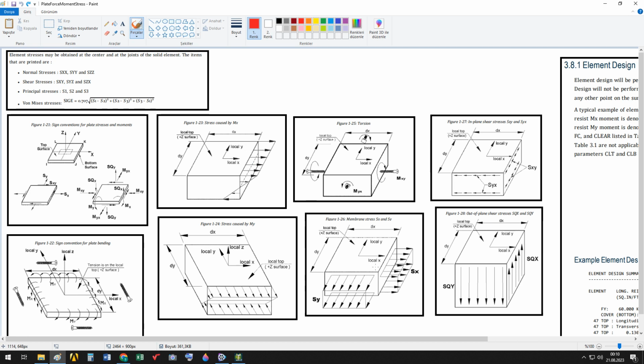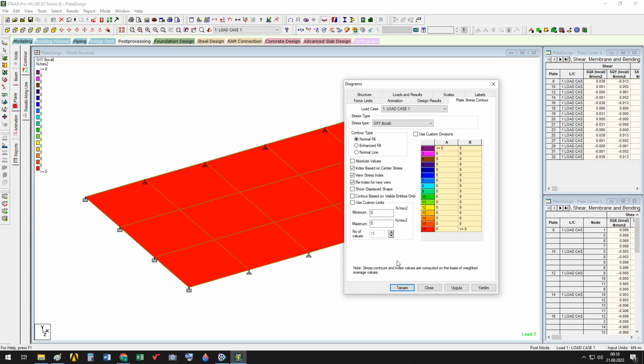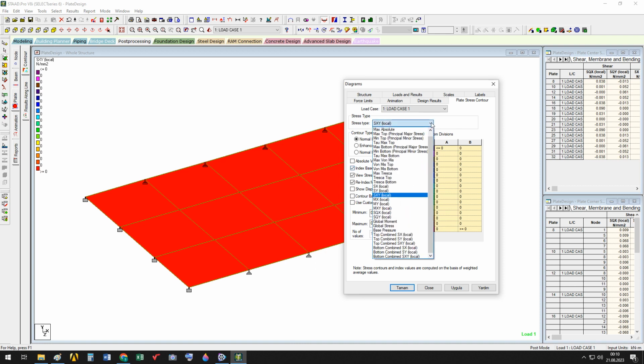If you combine those at the bottom, since this has an opposite sign in comparison to that, at the bottom we have a lower value. So same types of stresses are combined. For example, because of Sx and Mx, we have combined Sx.